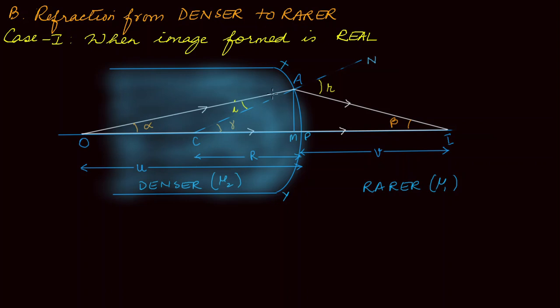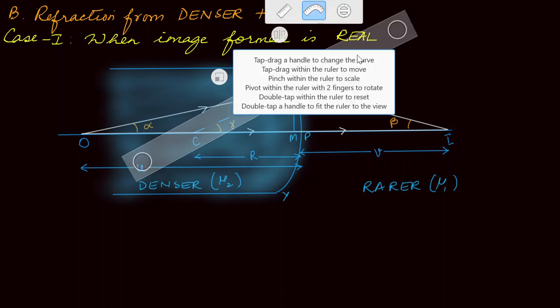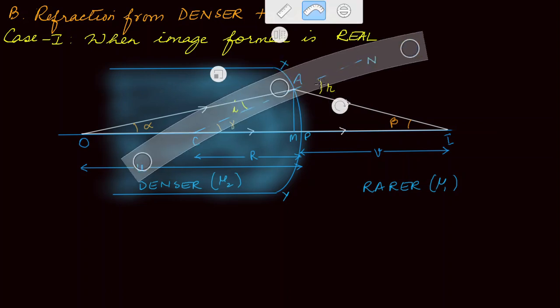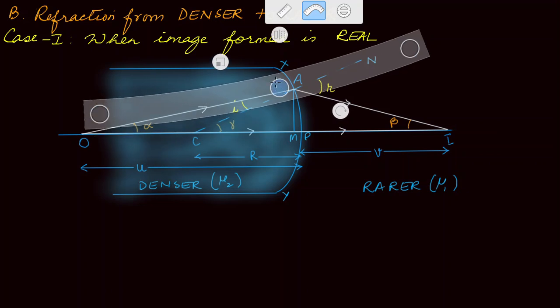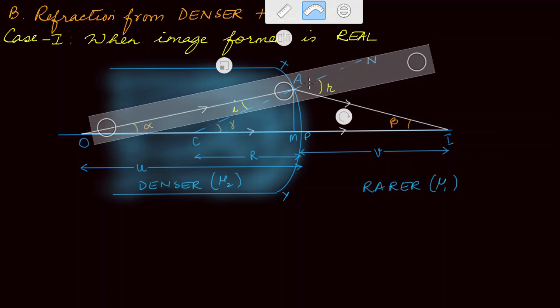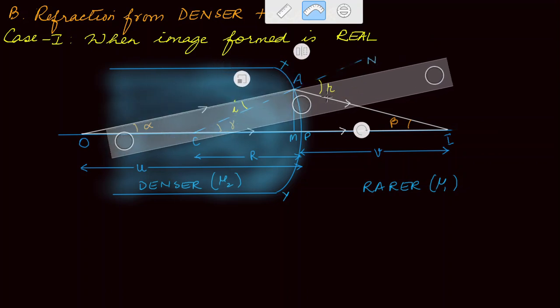Now what is happening here? Light is going from denser to rarer. So instead of going straight, let me just show you that scale once again. If you look here, instead of going straight like this, it bends away from the normal.